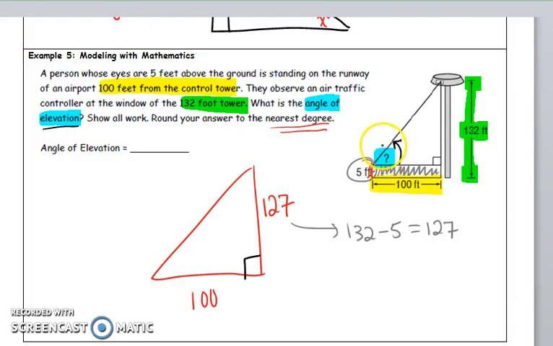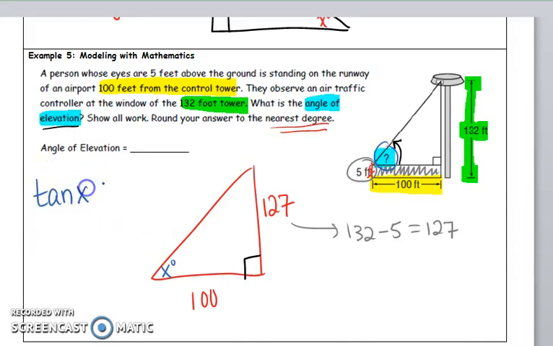And then the angle of elevation is right here. I'll call that x, just because it's unknown and I don't want to use a question mark. So now I need to think about, okay, well, which trig function relates the opposite with the adjacent side if I'm trying to solve for angle x? So right away you should think of tangent.